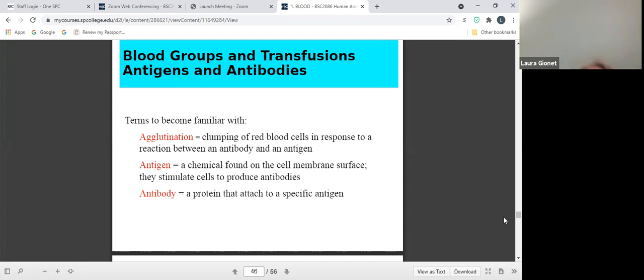Antibodies are proteins that attach to specific antigens. Antibodies are what are automatically made in the liver, like the anti-A and the anti-B antibodies that we have. They're made by the liver, and that's really what we're looking at here. Yes, the B lymphocytes can become plasma cells and make antibodies, but they make those to a specific virus.